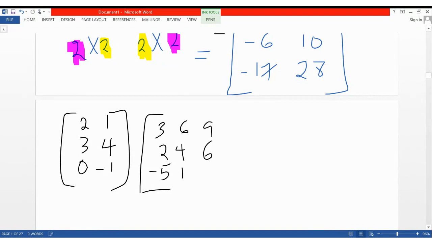So that one is number 2 now. Again, I'll have to confirm first of all if it is possible to multiply these matrices.